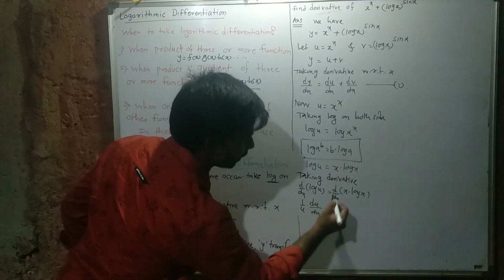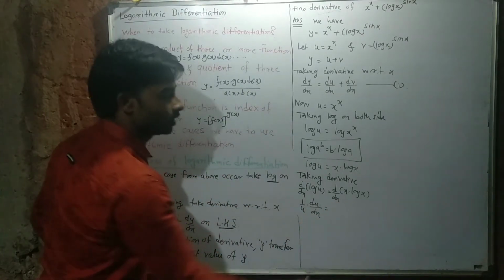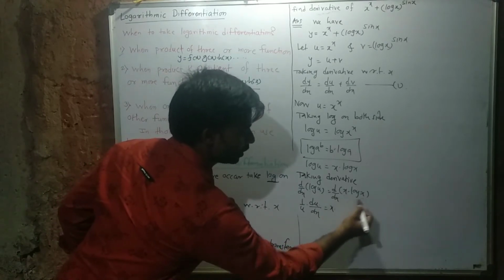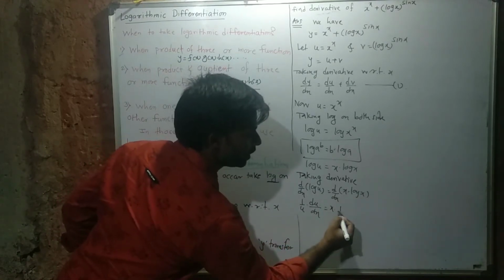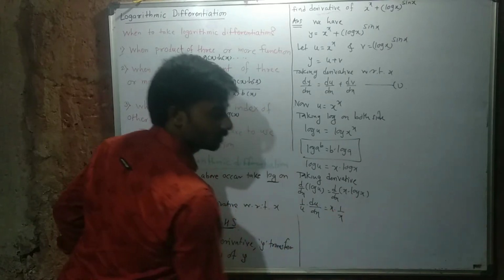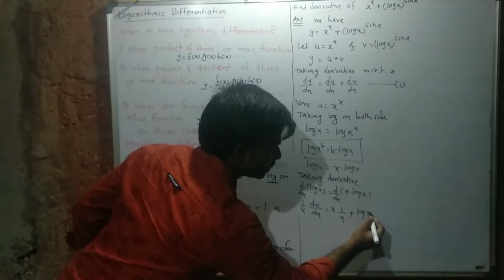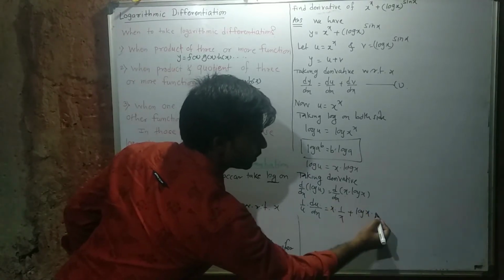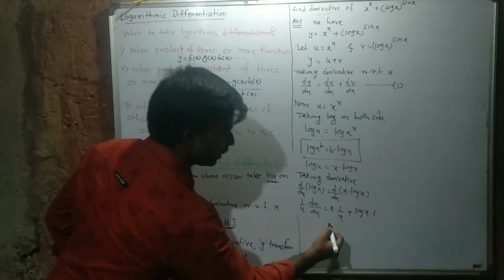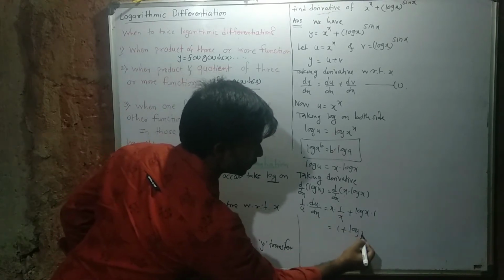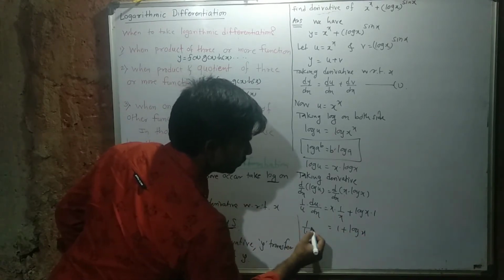And here a multiplication is there, therefore these two functions: first function taking as it is, and derivative of the second one is nothing but 1 divided by x, since the derivative of log x is 1 divided by x, plus second function as it is, and derivative of the first function, that means the derivative of x is nothing but 1. And therefore x is cancelled, 1 plus log x is here.